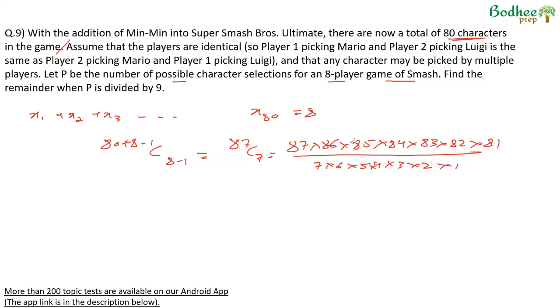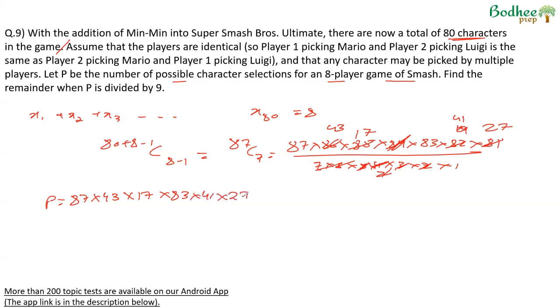Using the concept of permutation combination, this is the value that we get for P. 7, 6 are 42, 2 are 84, this goes away. 5, 17 are 85. 3 27s are 81. 4 2s are 41. And 2 4s are 80. So the value of P comes out to 87 into 43 into 17 into 83 into 41 into 27.